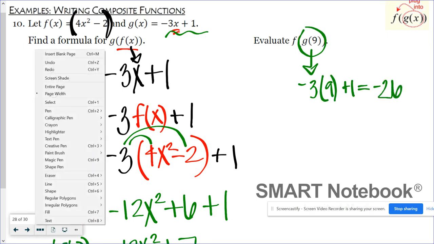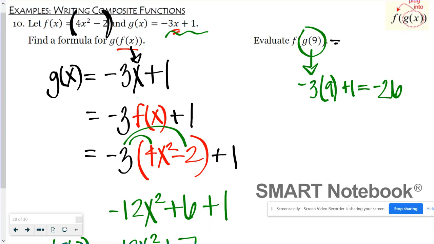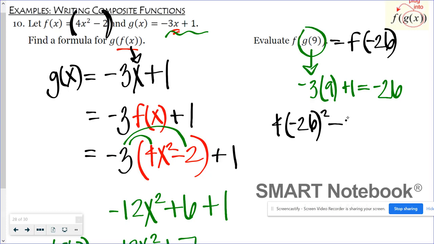And so the problem then becomes f of negative 26, and then I want to evaluate that. So that is 4 times negative 26 squared minus 2. Probably want to use a calculator for that, right? I don't have a calculator on me, but check that out and calculate it out and get your answer. Sorry about that.